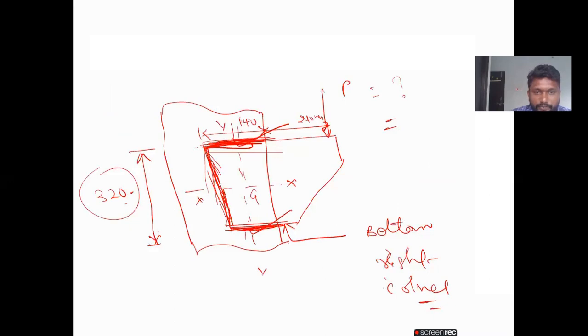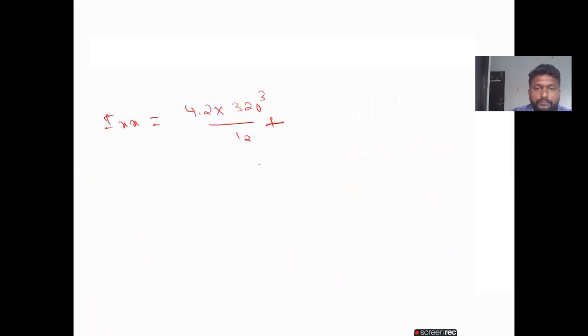So now calculate the Ixx, that is the moment of inertia, that is BD cube by 12. B is nothing but 4.2, D is nothing but 320, by 12, plus this is one side. So for this case we are taking BD cube by 12. But what about this side, top and bottom of the weld? This is the 140 and also thickness is 4.2. So I will write here 140 into 4.2, that is the area, into 160 square.